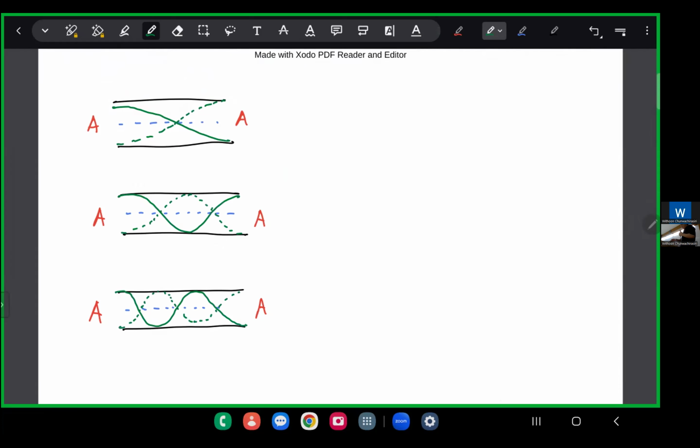Let's start from the top. That's the simplest one. If you look at it, that's half of a wave, because if you connect the rest of this one, that's another half. So in this case, the length of the tube is half of a wavelength. That means the wavelength is just twice the length of the tube.